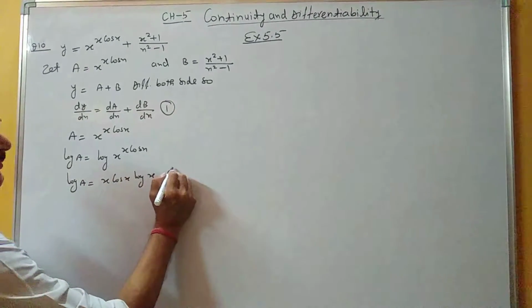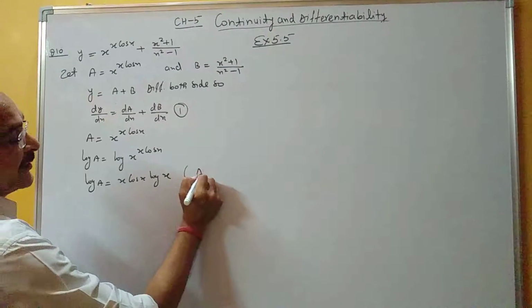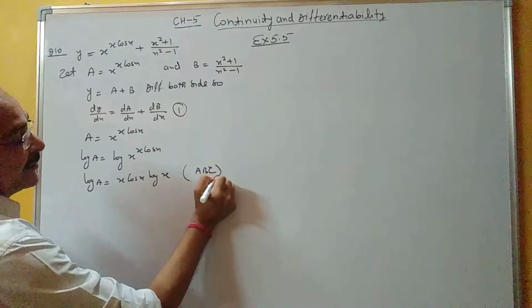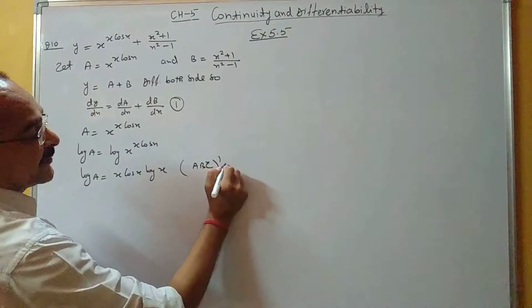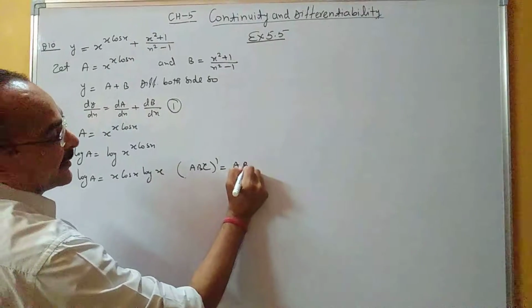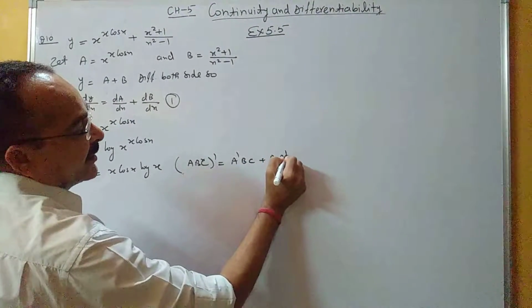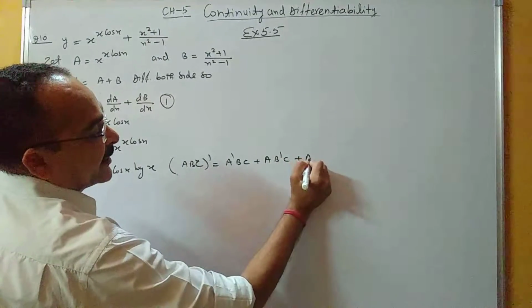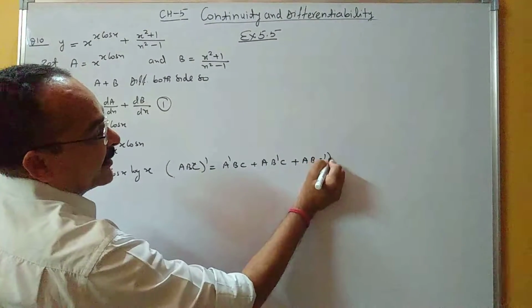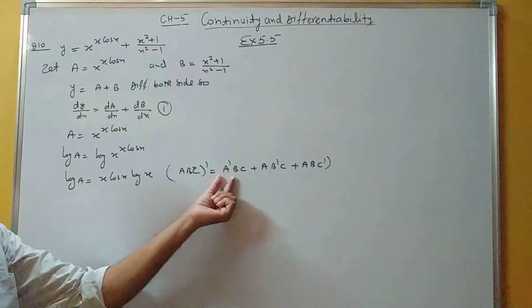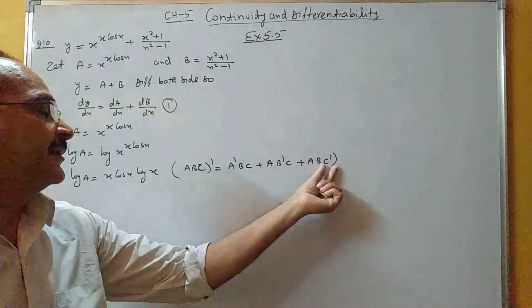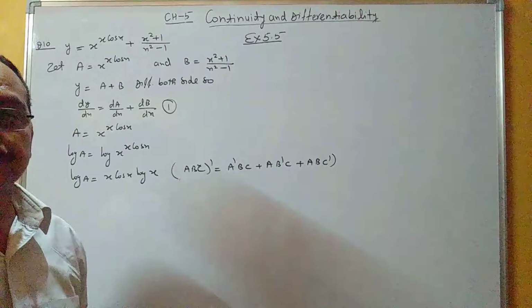And the rule of the three functions, suppose that is a, b, c. Its differentiation is a dash b c plus a b dash c plus a b c dash. Dash means differentiate only that part.